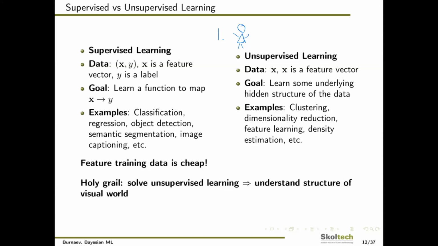So instead, the goal is to drop this expensive step and try to learn from the data itself, from unlabeled data. Or at least we can label only a small part of the data. In this case, we will be in the paradigm of semi-supervised learning. But still, many observations and many approaches from unsupervised learning apply in this scenario. So we just don't want to label the data because it's expensive.